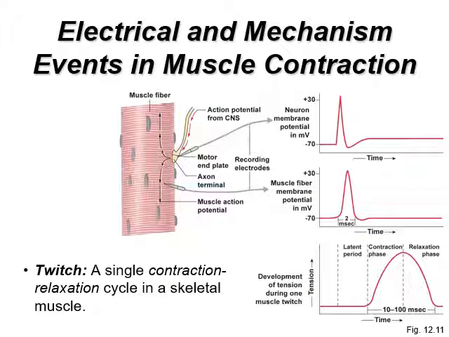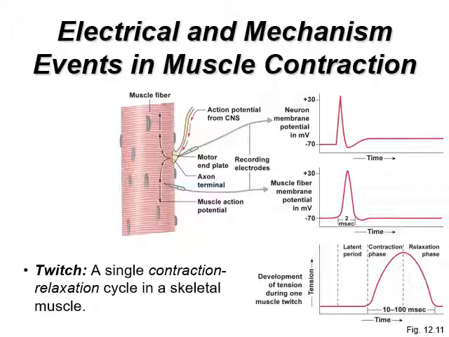All right, so let's put together the electrical and mechanical mechanisms of making a muscle contract. What's causing muscle contraction? We've got an action potential, and we could manually trigger an action potential by activating a muscle with an electrical impulse. But if we did that once, we would get a muscle twitch.